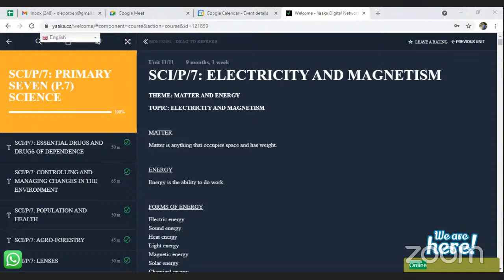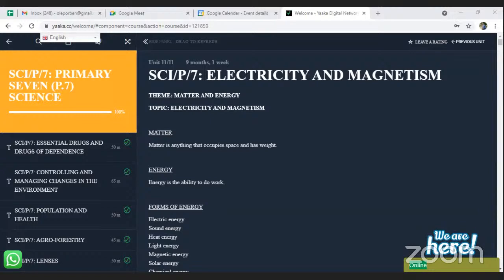If I can type it here, electricity is a form of energy produced by charged particles. Full stop. So this is what I want you to be having.